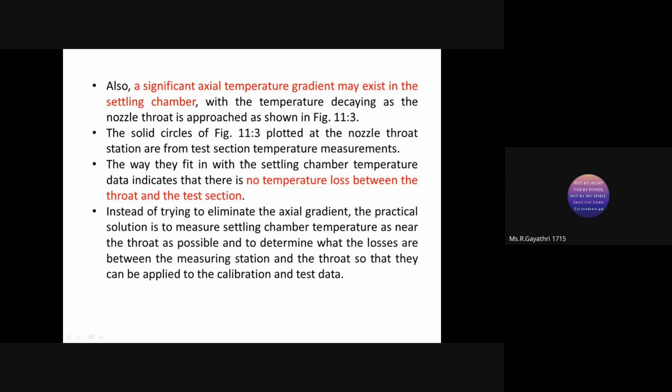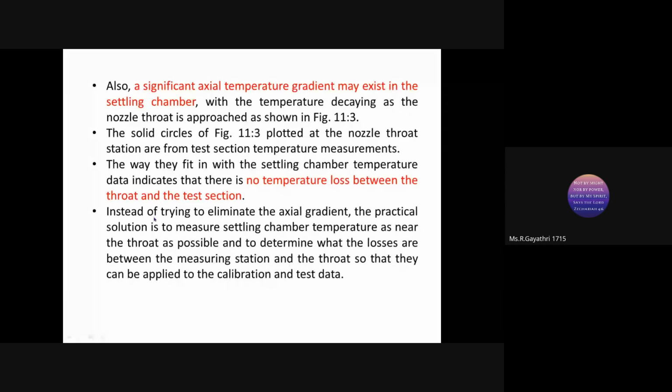Here we can see the perfect fit between the settling chamber temperature and the throat temperature. This indicates there is no temperature loss between throat and the test section. So if both the temperatures are in the same place, we can ensure no temperature loss between throat and the test section.